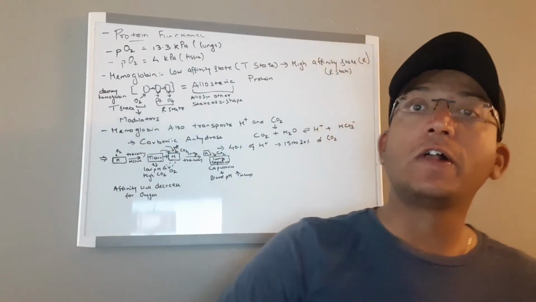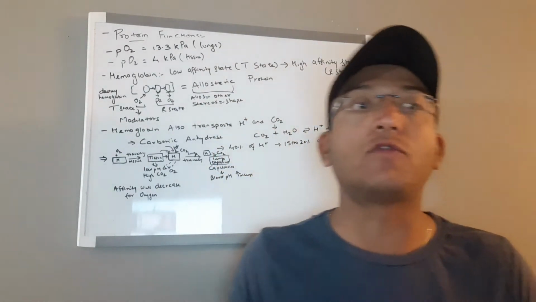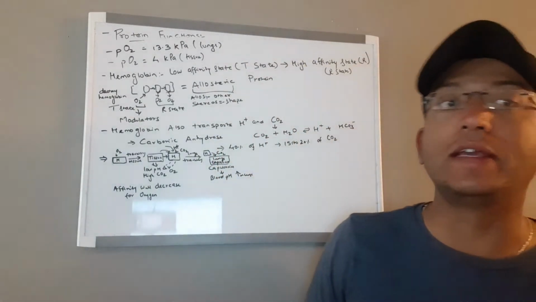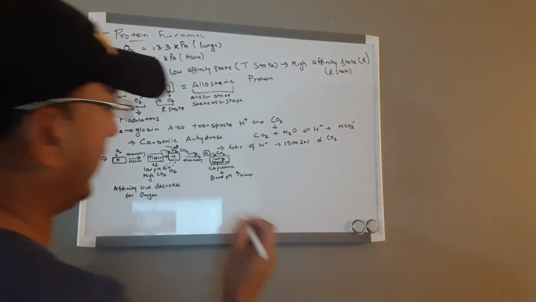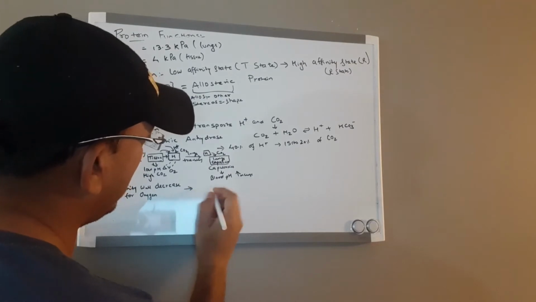So this effect of pH and the carbon dioxide concentration on binding and release of oxygen by hemoglobin is known as the Bohr effect. All right.